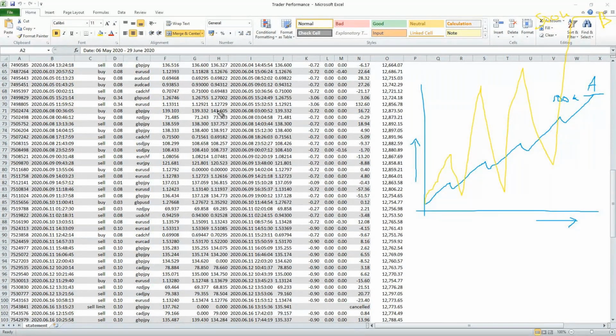Do you want to be trader A, trading consistently positively with very little drawdown, but only making 100K at the end of the year? Or do you want to be trader B, with more volatility, but at the end of the day he's made more money, 500K, 400K more than trader A?